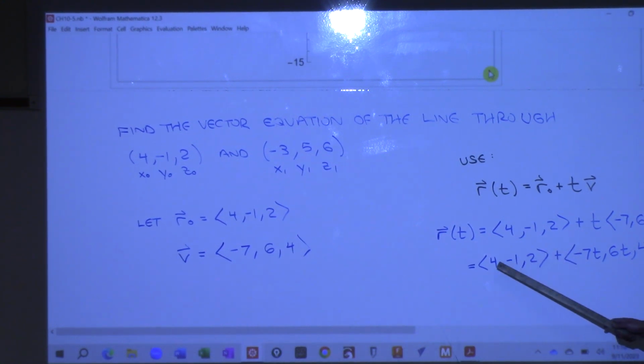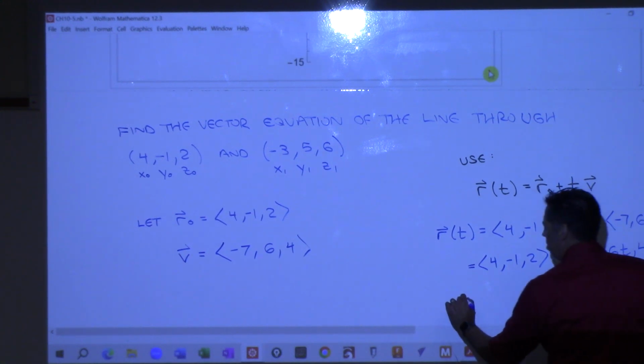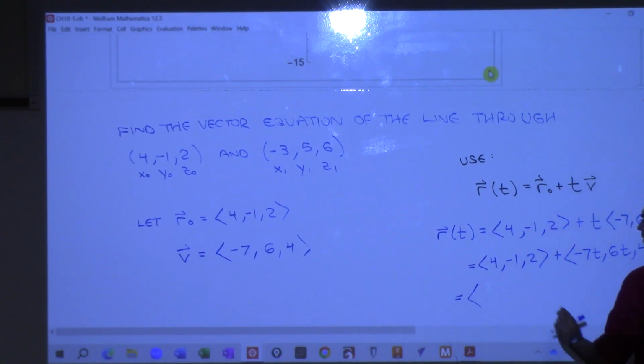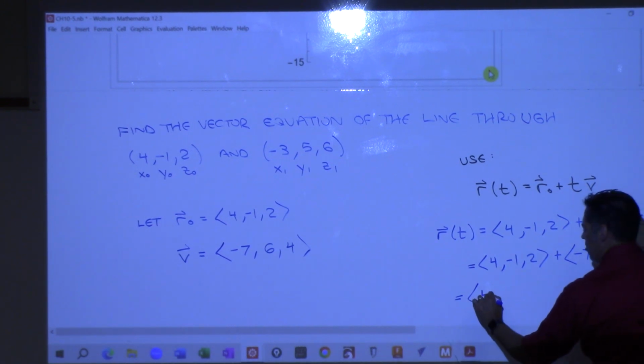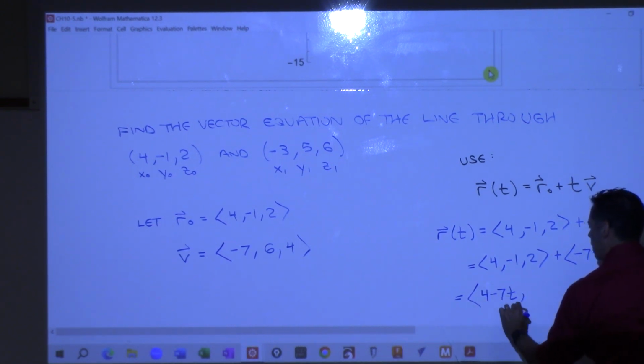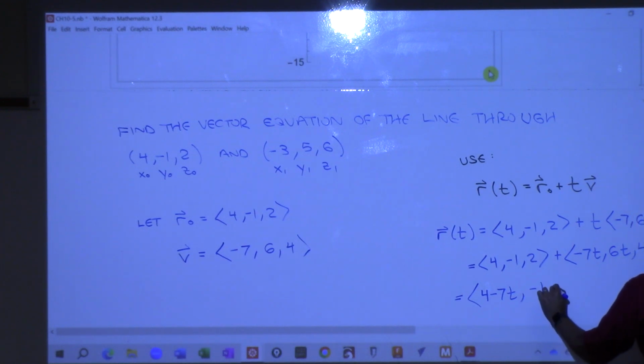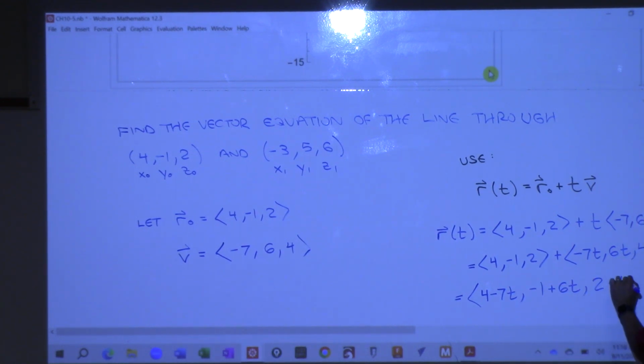One component at a time. You add the components, right? So the first component, the x component, will be 4 minus 7t, then -1 plus 6t, then 2 plus 4t. There we go. That's just me putting it all together.